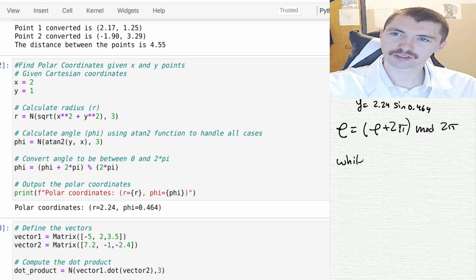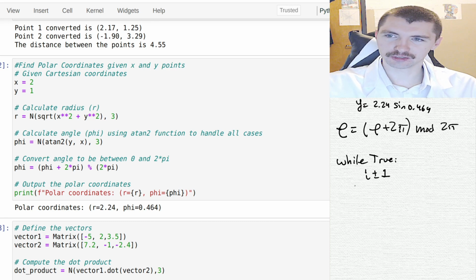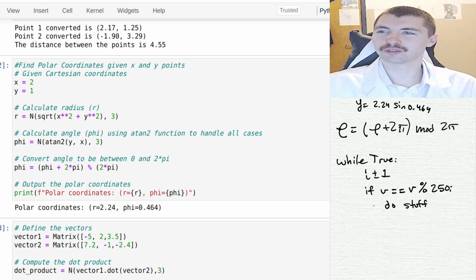So let's say while true, i plus iterate i by one, and if this variable v is equal to, how did it go, v mod 250, do stuff.